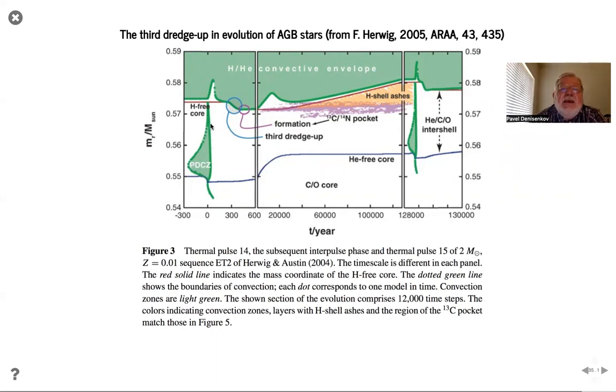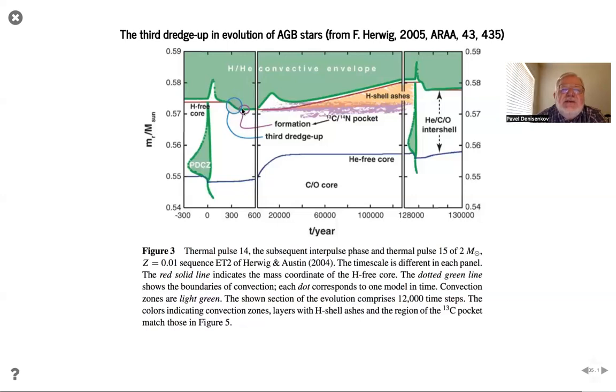Immediately after the pulse-driven convective zone, the base of the convective envelope penetrates the previous location of the helium shell, dredges up some products of helium burning to the surface by convection. Okay, and also ingests some hydrogen below.